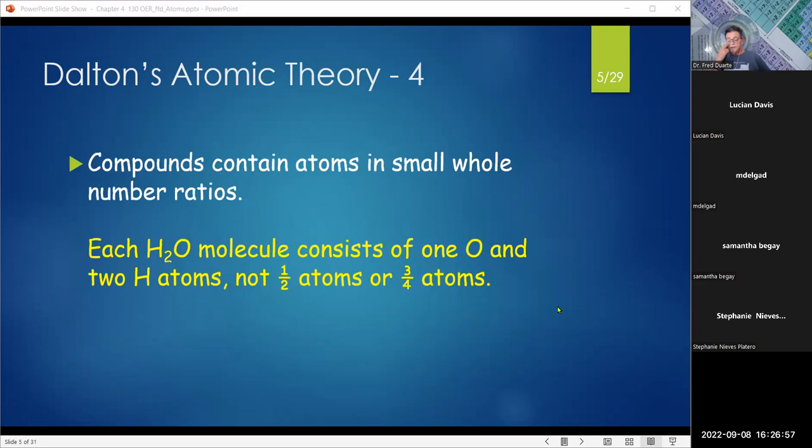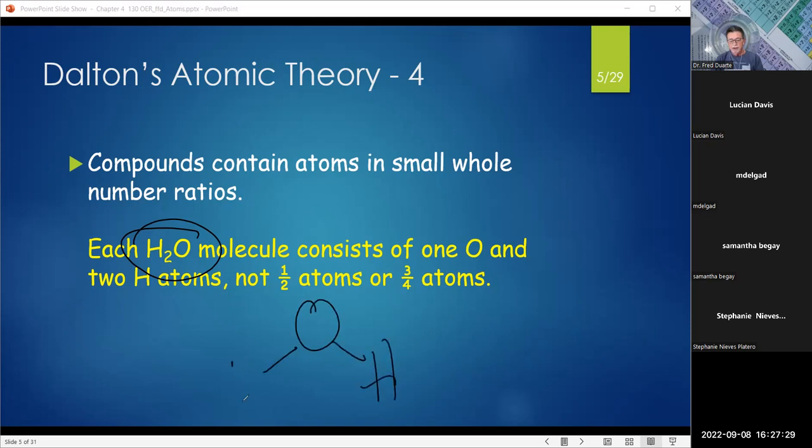Now, another aspect of the theory is that when elements come together, they come together in whole numbers, in whole ratios, not a quarter, not three-quarters, not partial. For example, when hydrogen and oxygen come together to form a molecule of water, there are two hydrogens for every oxygen.